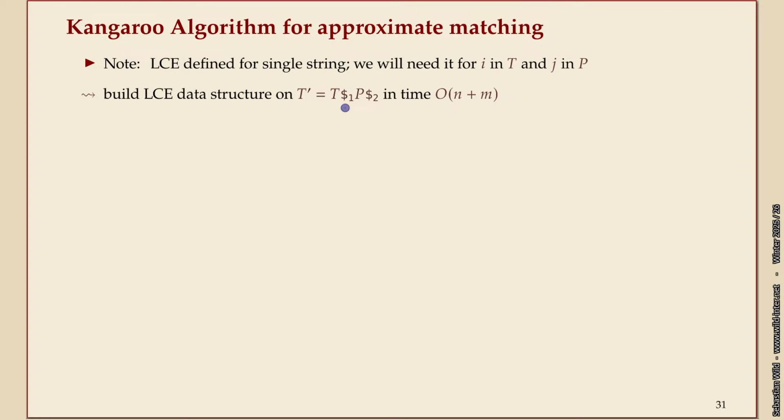If you put a dollar that doesn't match any character in P, then you're safe that this doesn't happen. So we can completely ignore, in the construction of LCE data structures when we get to it in the future, that oftentimes you want to apply it to a set of strings, not a single string. You can always do this reduction step, and then the same algorithm works.